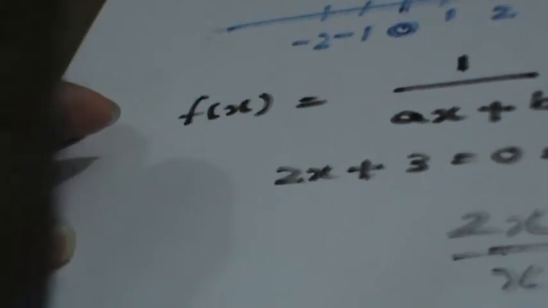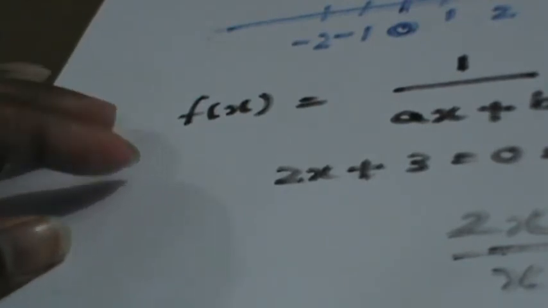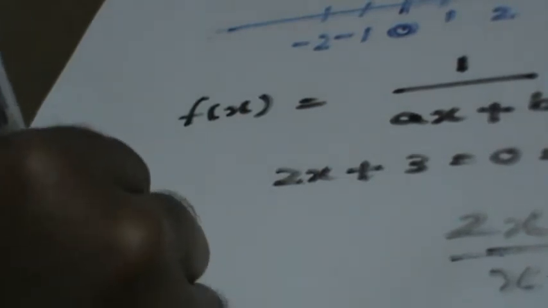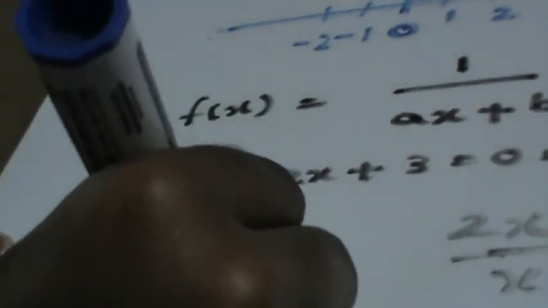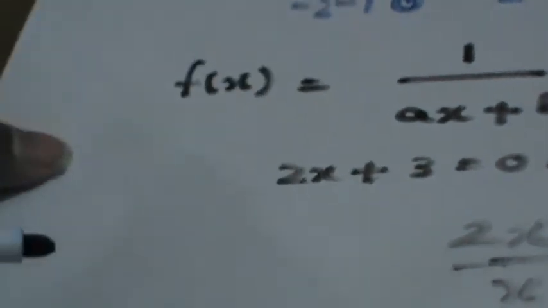The domain of the first function, 2x plus 3, is from minus infinity to minus 3 by 2, using a curly bracket to exclude minus 3 by 2, and union minus 3 by 2 to positive infinity. So the domain of that function belongs to this range.